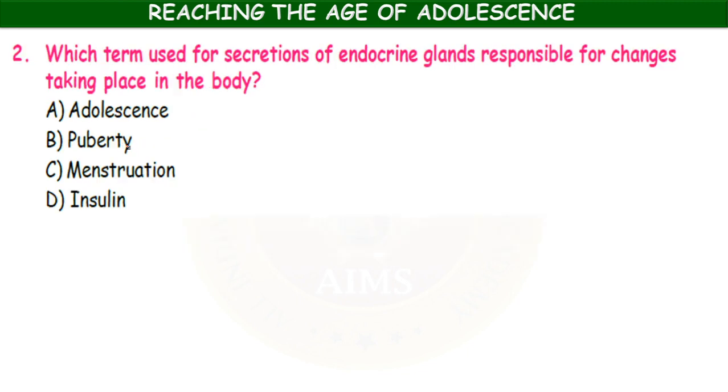Which term is used for secretions of endocrine glands responsible for changes taking place in the body? Adolescence, puberty, menstruation, insulin.